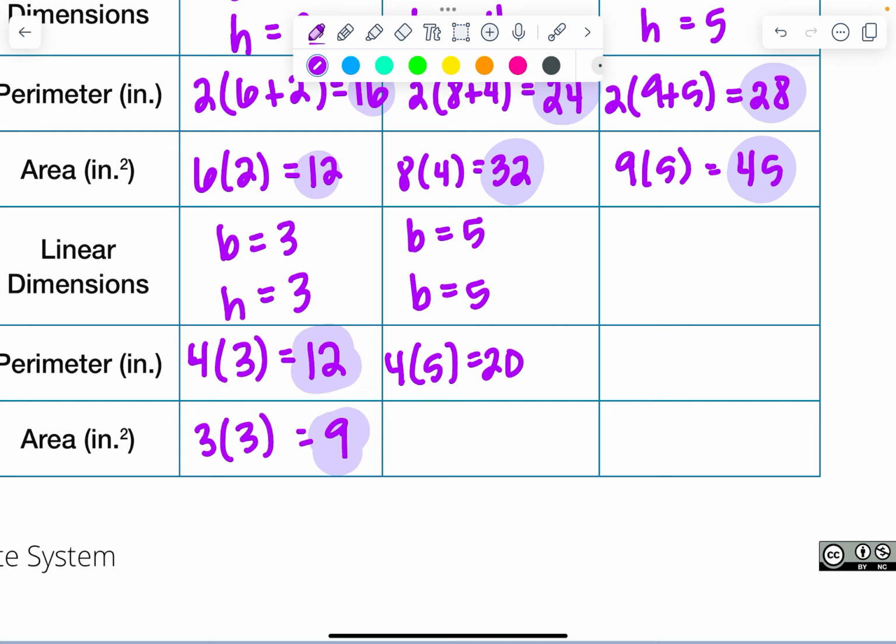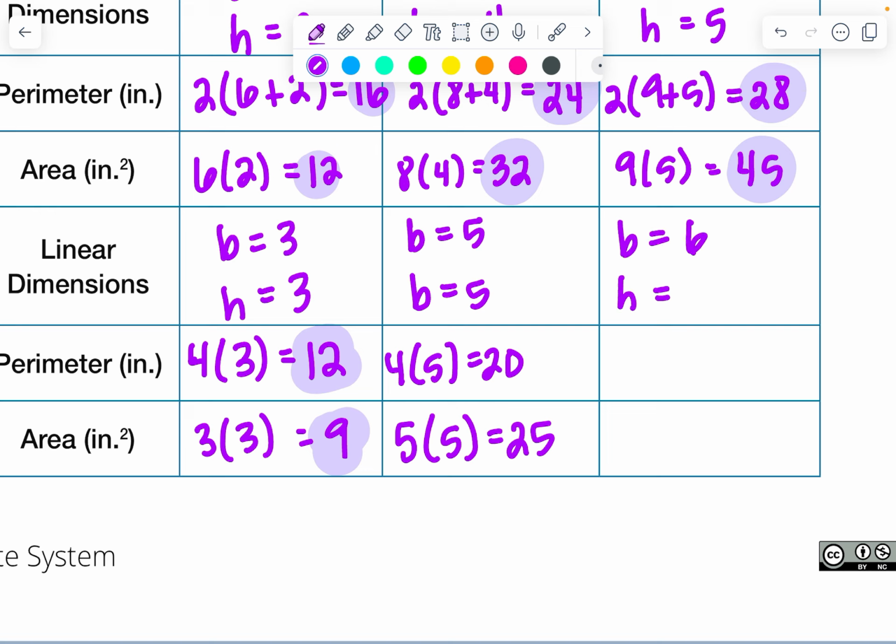And for the area, we're just doing base times height, which is in this case 25. Then over here, the new base, if we add 3 to 3, we get 6 for the base and the height. And the perimeter, we'll just multiply a side length by 4. And then for the area, it'll just be base times height, which is 36.